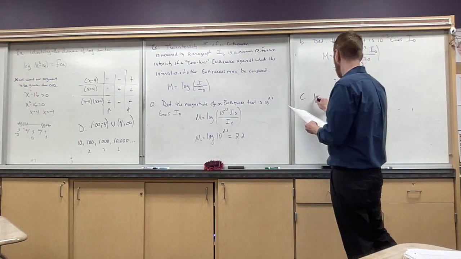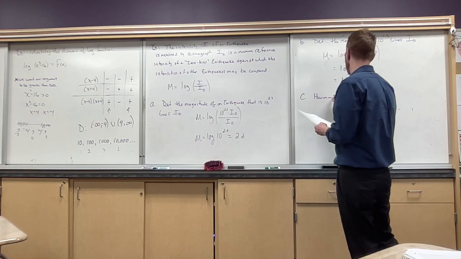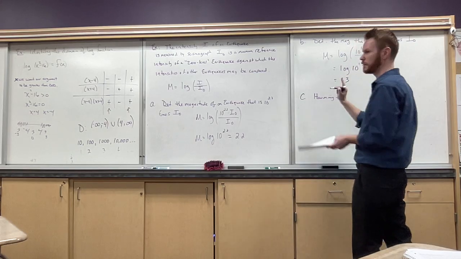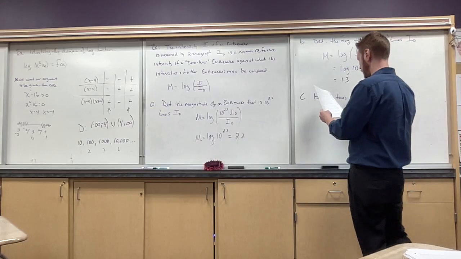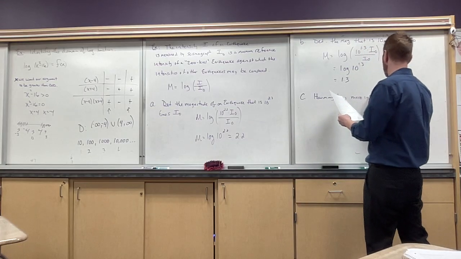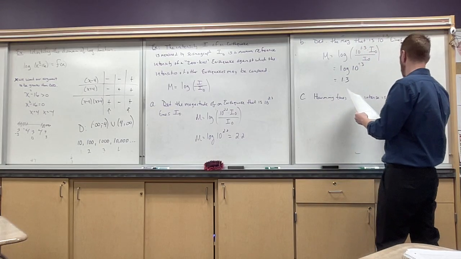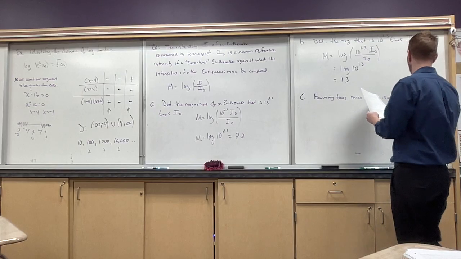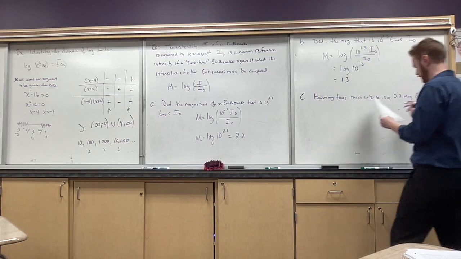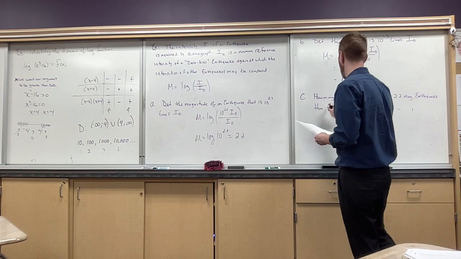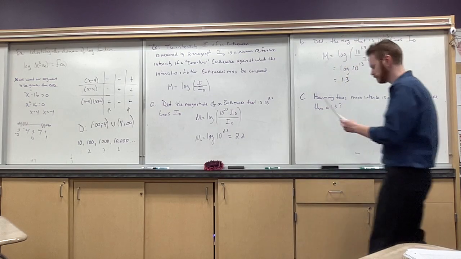So for my final question, if the bell does ring, you might have to hold two more minutes. I'm right at the end here. So how many times more intense is a 2.2 magnitude earthquake than a 1.3?